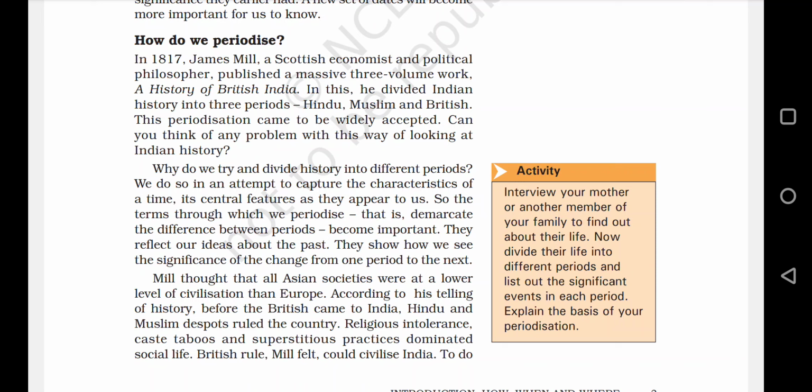This was criticized because it was not exactly all about Indian history. It was a kind of strategy to divide India on the basis of religion. From here, we started talking about different religions and different castes. These things were not that specified in our society. They started dividing us.